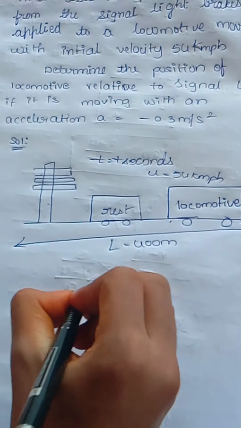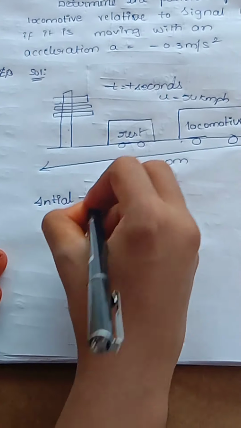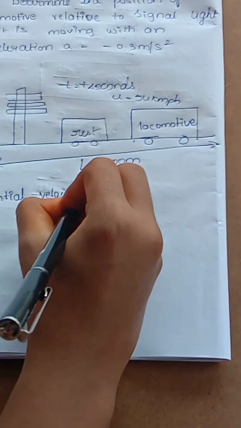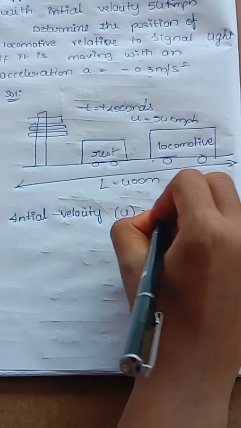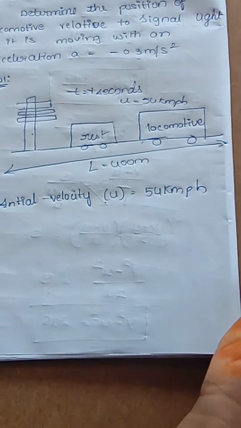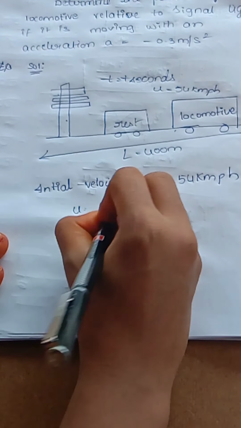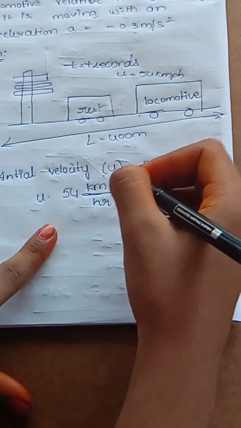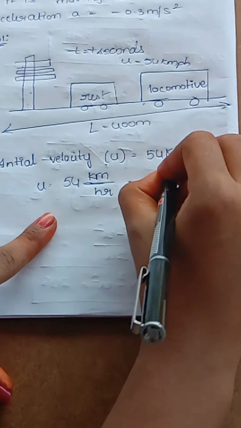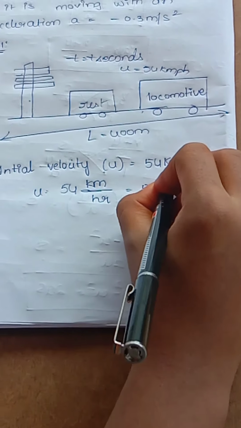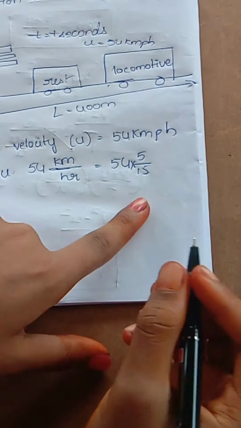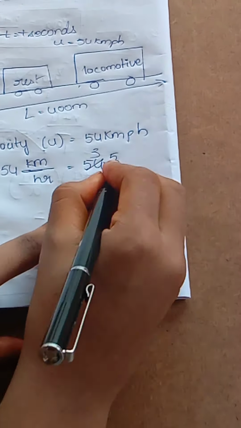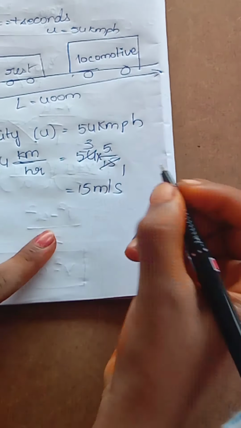Now we will solve this problem. Initial velocity u is equal to 54 km per hour. Kilometer per hour is converted by multiplying by 5 by 18, so 54 into 5 by 18 is 15 meter per second.